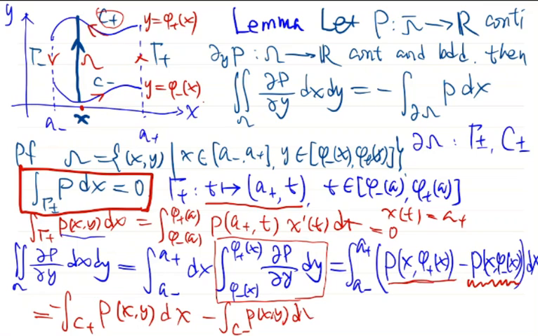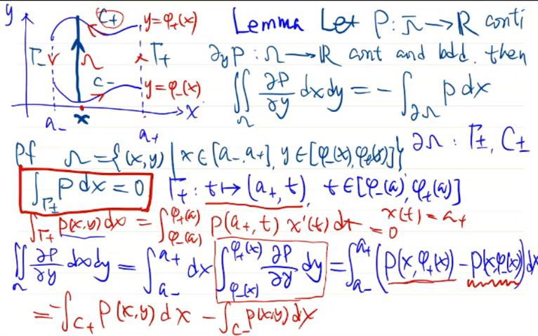The integral of p(x,y) dx. But the boundary of omega consists of 4 parts, maybe 2 or maybe 3, because one or both of the vertical parts might be reduced to a single point. In that case we do not have a vertical part or only have one vertical part, but at most we have 2 vertical parts, gamma plus and gamma minus.